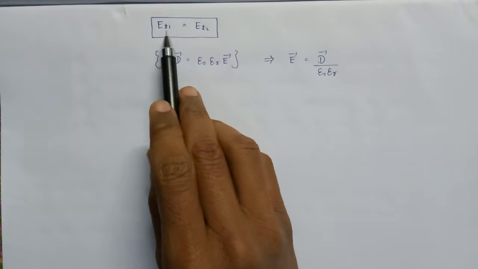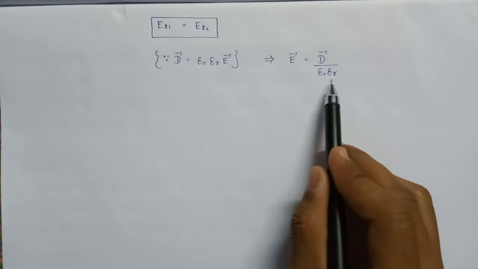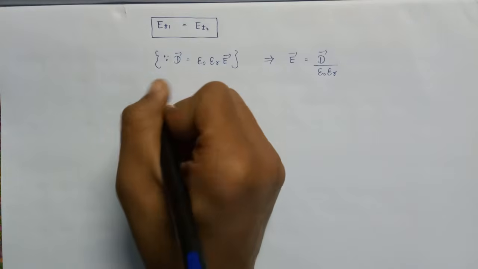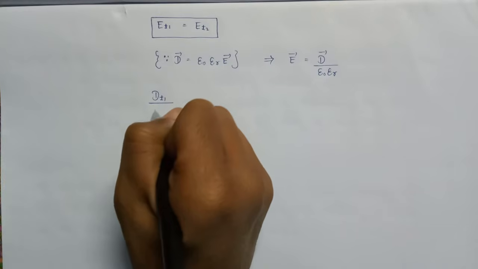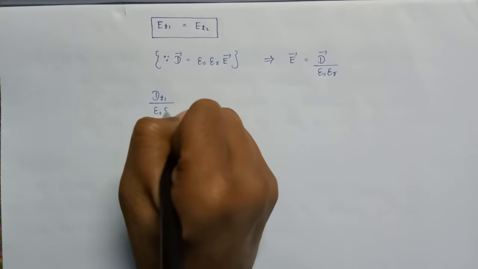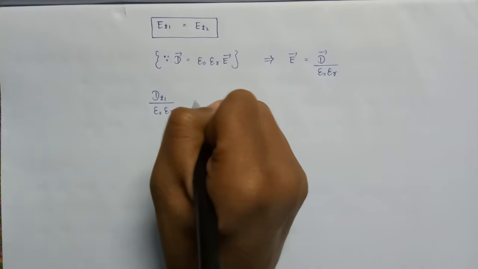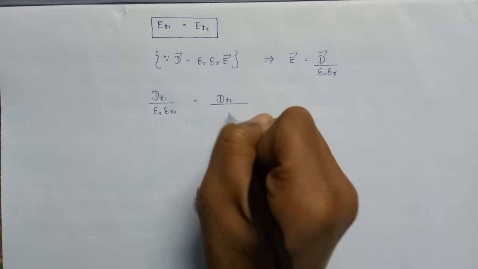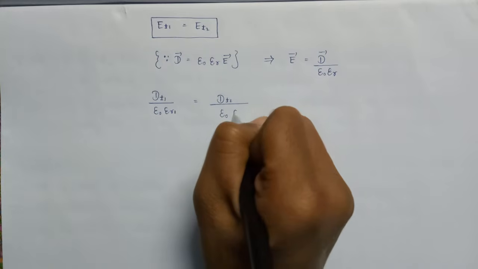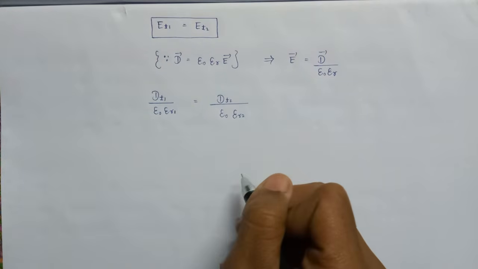If we write the tangential component of electric field in this form, then it will become dt1 over epsilon 0 epsilon r1 is equals to dt2 over epsilon 0 epsilon r2.